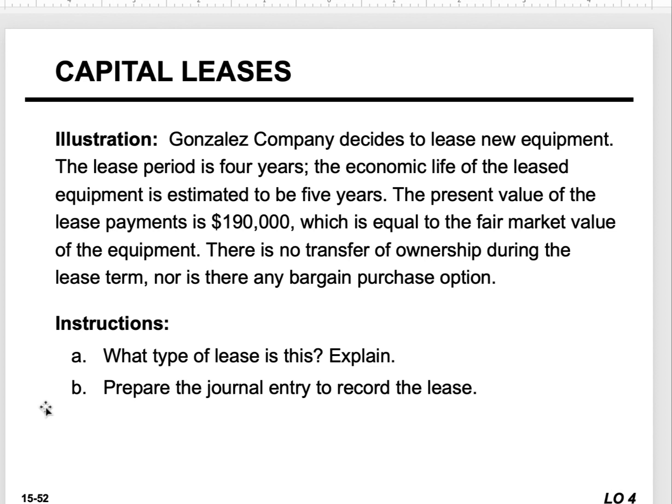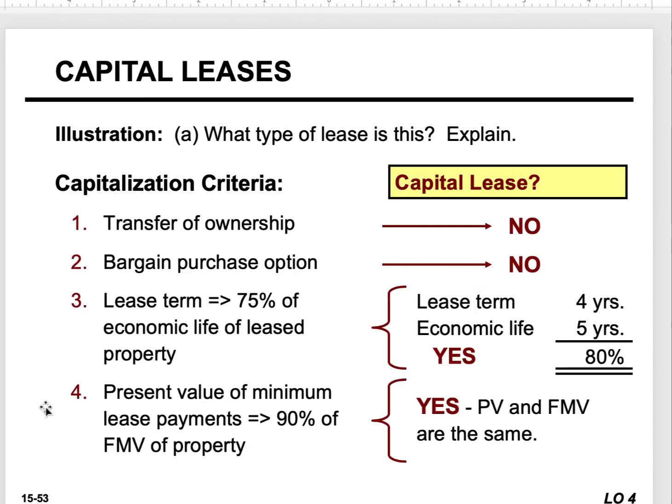That equals the fair market value of the equipment, meaning I could pay $190,000 right now to buy this piece of equipment, or we're comparing that to all the payments that I make over the 4 years. We bring that back to today's dollars. If that's equal to the fair market value of that piece of equipment, it's a capital lease. So in this case, yes, that criteria is met. It is in fact a capital lease.